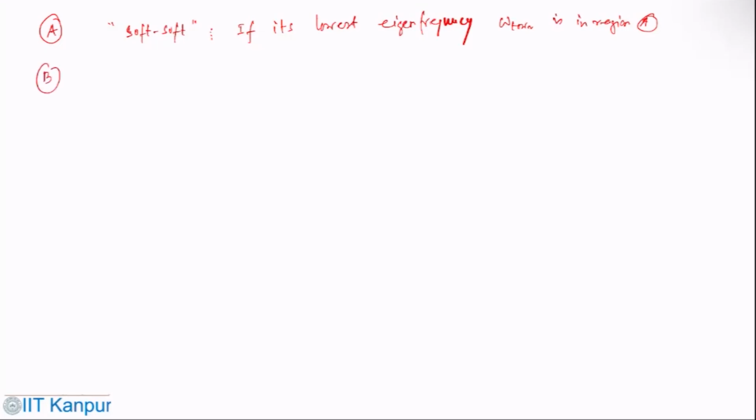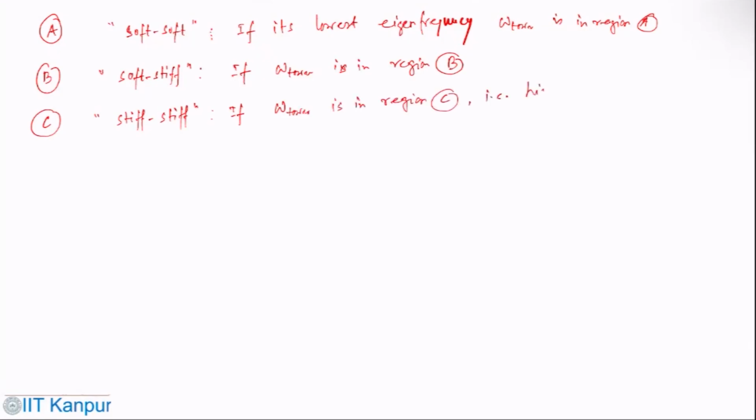Then we have soft-stiff if omega is in region B, and C, it could be stiff if omega tower is in C. That means it is higher than blade passing frequency.